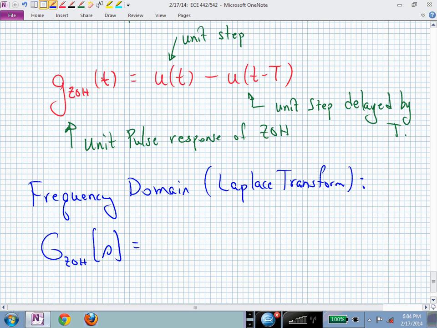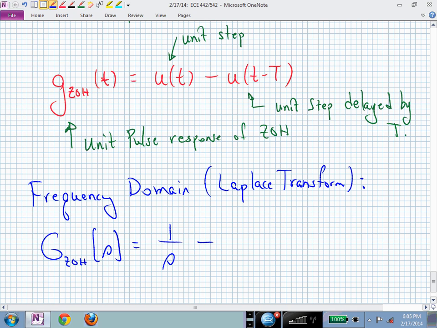Capital G, that was the hard part, going from lowercase to capital. That's what happens when you Laplace transform, right? You take the time domain, or continuous time, into the S domain, and now what happens? What's the Laplace of a unit step? Right? 1 over S. Now, what happens when we have little u of t minus capital T?